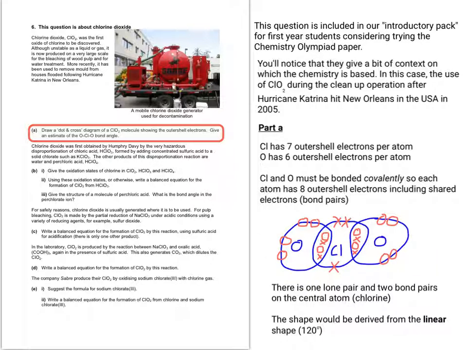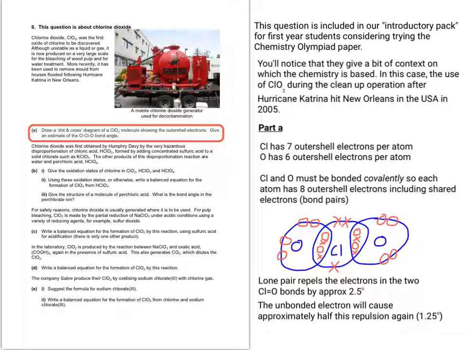But the presence of the lone pair means there's more repulsion. So the lone pair repels the electrons in the 2 Cl double bond O bonds by approximately 2.5 degrees. The unbonded electron will cause a little bit further repulsion. So this gives us approximately 116 degrees if we do it that way.